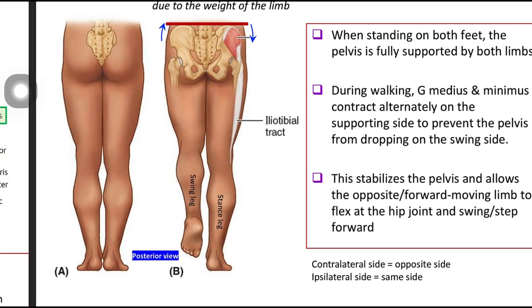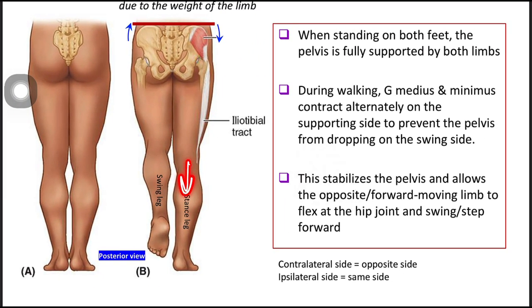So now you see that when we stand on this leg, the stand leg, the muscle on this side, the gluteus medius and the minimus, they have to work so that they hold, or keep, the pelvic level.